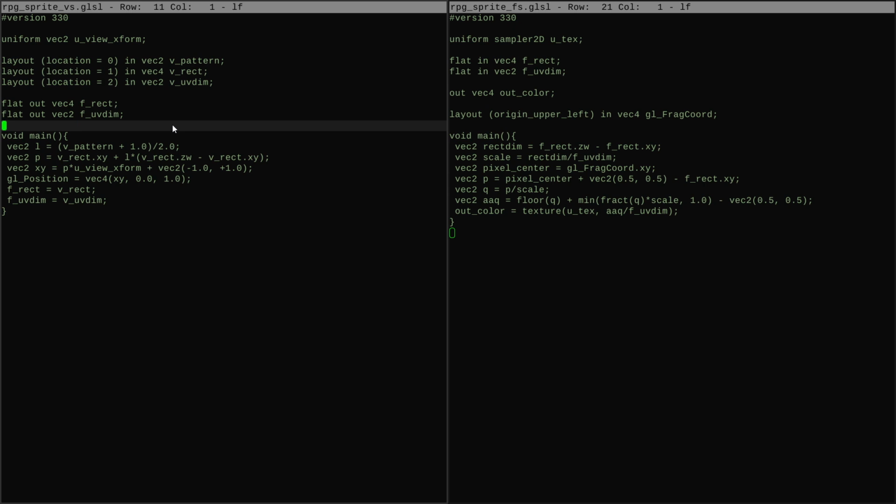So another thing I don't have in this current system is I can't render multiple tiles from the tile set next to each other. To do that, I would need to do either an atlas and pack them all together, or I would need to do a texture array.